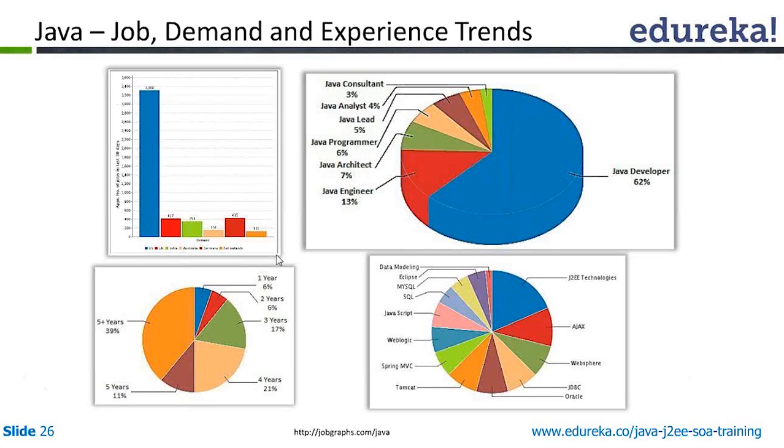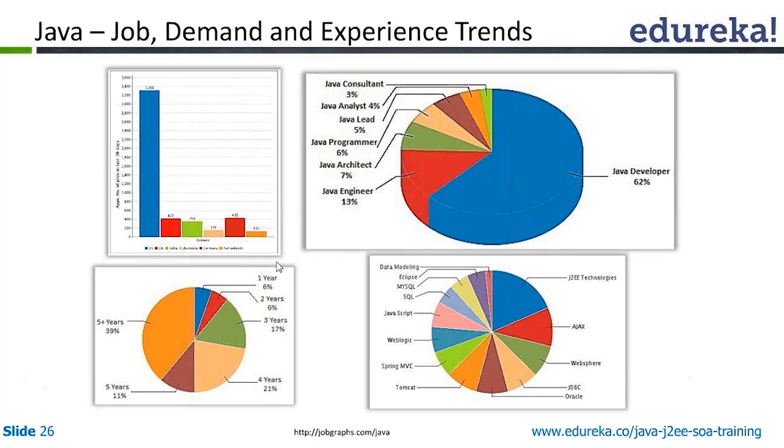And then there are various other Java technologies at the bottom right hand side. These keep changing, of course, and you'll find there's a huge number of technologies. The roles that you have for Java: Java developer, Java engineer, Java architects, programmers, Java leads, analysts, and consultants.